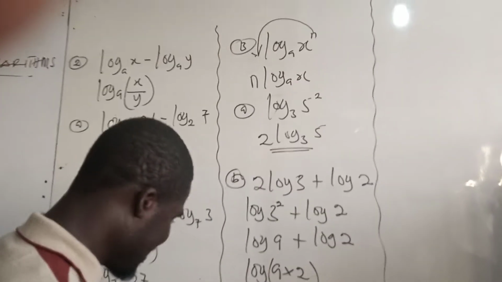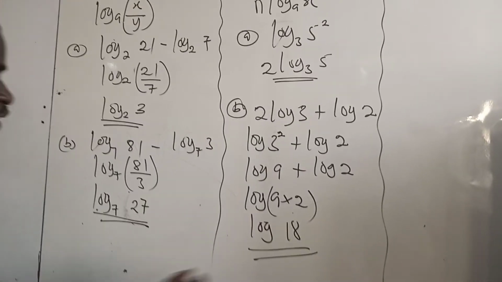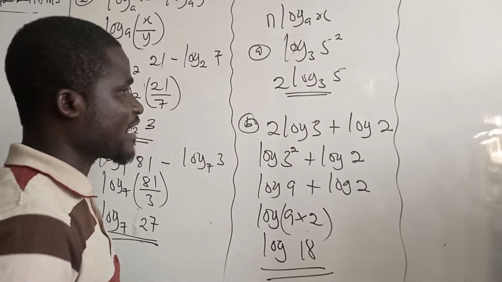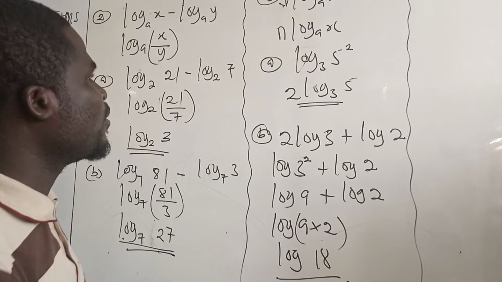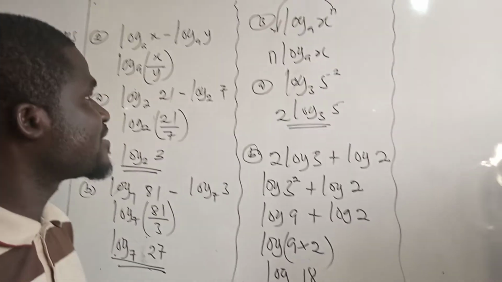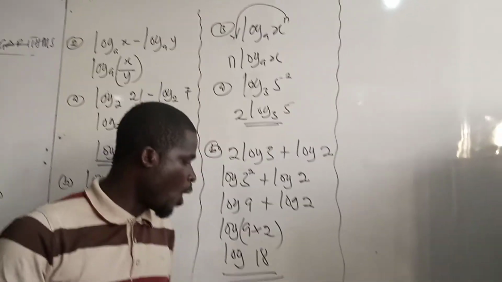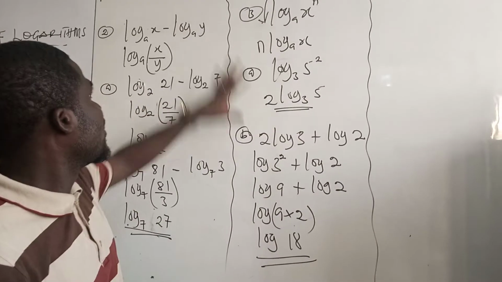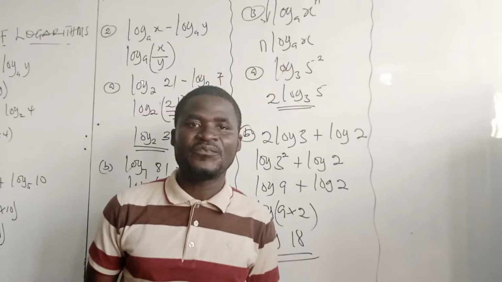So take note, log 18. So this is the final answer for the second example. So this is how you're going to solve log questions. Now let's go and solve more examples under the laws of log.